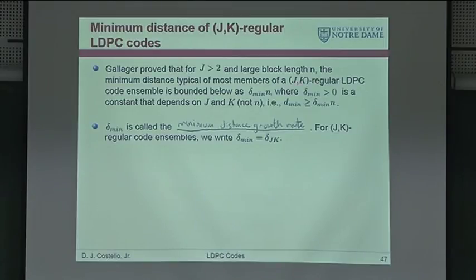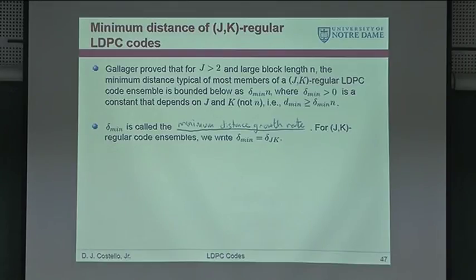But if we're talking about a j,k regular ensemble, we sometimes use this notation to indicate this growth rate. So why do we call it a growth rate? Well, it's just the rate at which the minimum distance is guaranteed to grow as you increase the block length of the code.